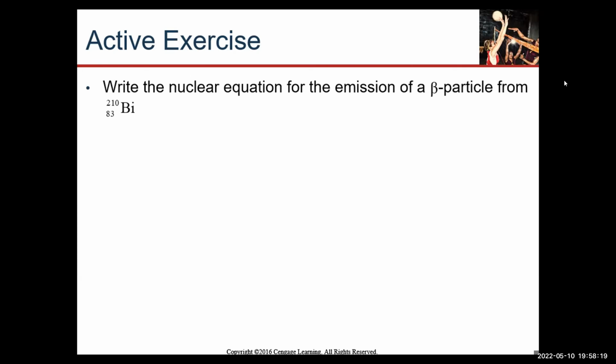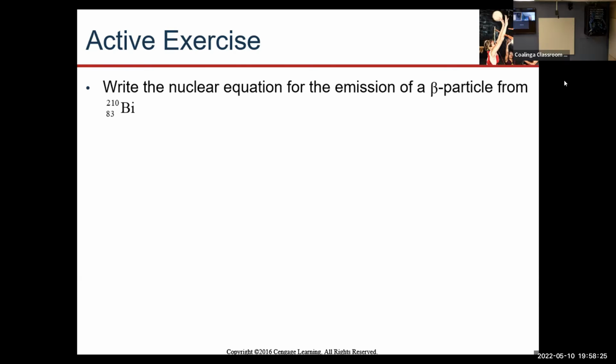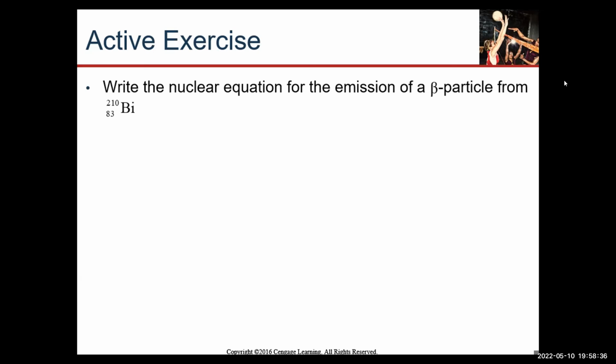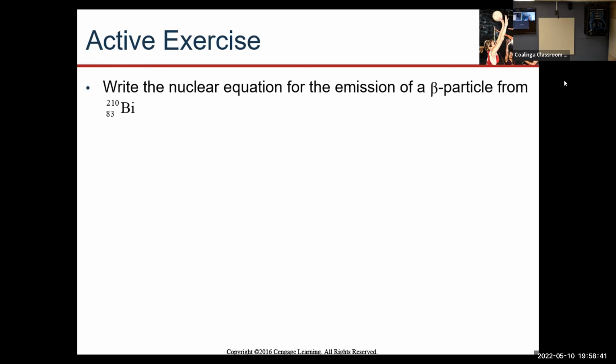Is it all right if we just put E negative, or should we always write it the full way? You should always write it the way it's written, because E negative means just an electron. Here, this is actually coming from the nucleus. Oh, I see. So it's from nuclear decay. It's not from the cloud. Yes, the cloud.